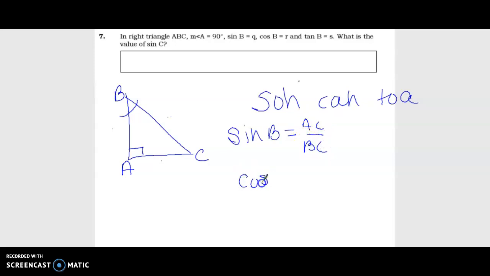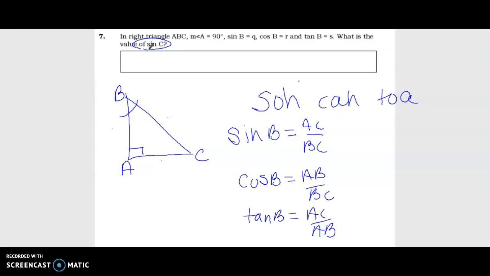Your cosine of B would be your adjacent, which would be your AB over your BC, and your tan of B is your AC over AB. Now this is all very important because when we go to find the sine of C, we're going to write that out as opposite over hypotenuse and then look back at the originals and see which one it matches, because that's going to give us our answer.